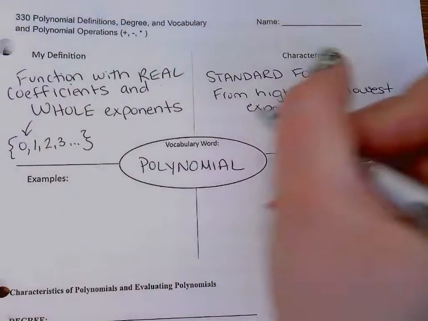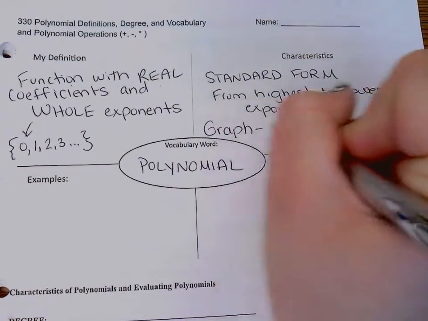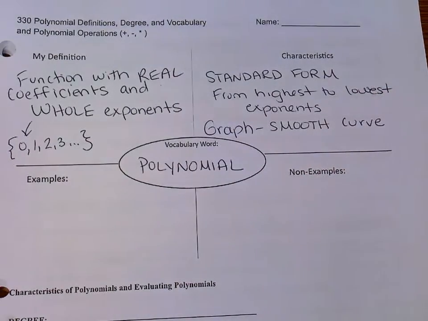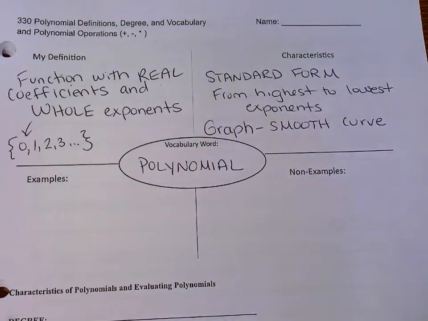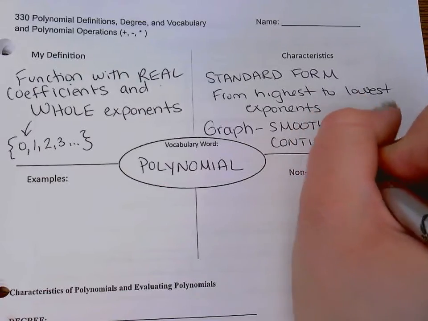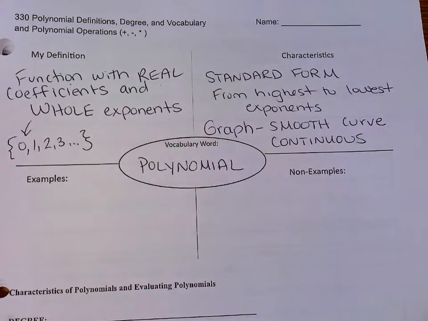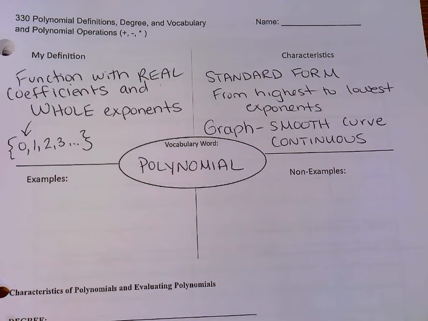And the graph will always be a smooth curve. And it will always be continuous. So you won't have any of these big gaps where you've got to pick up your pencil to get to the next section of the graph. It won't be something like an absolute value function where there's a jagged point and it changes direction.